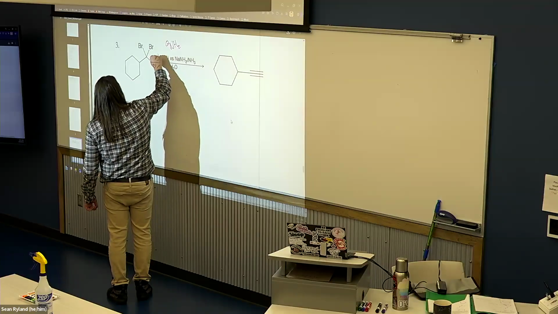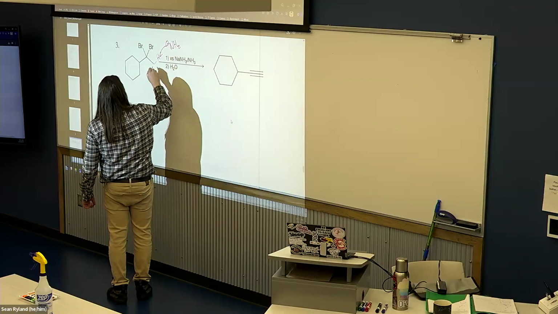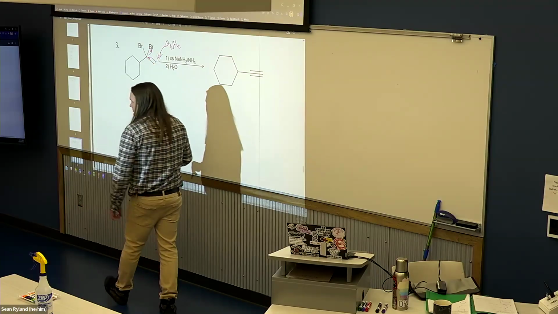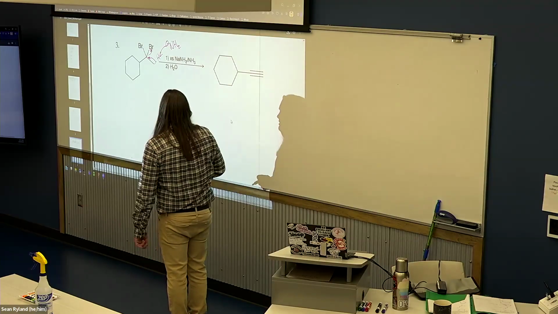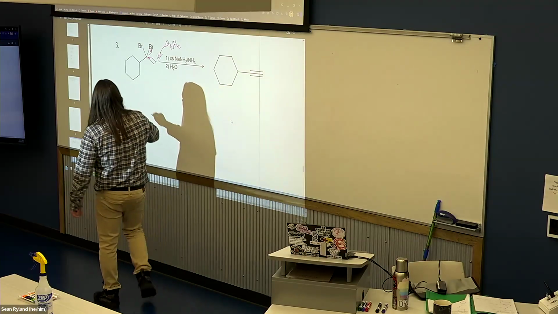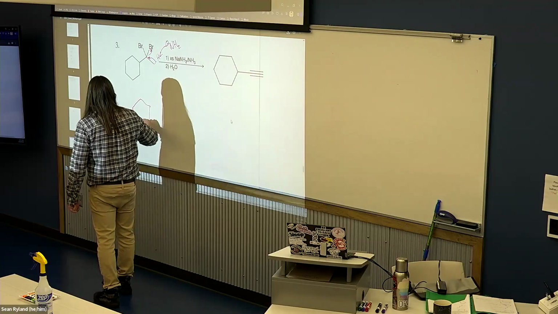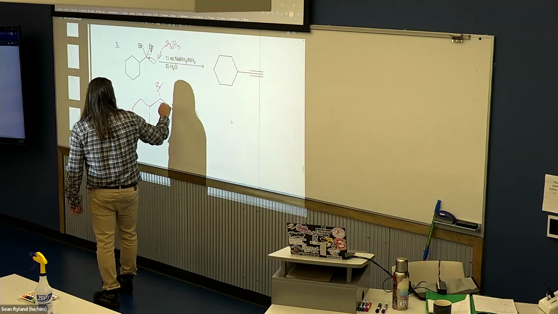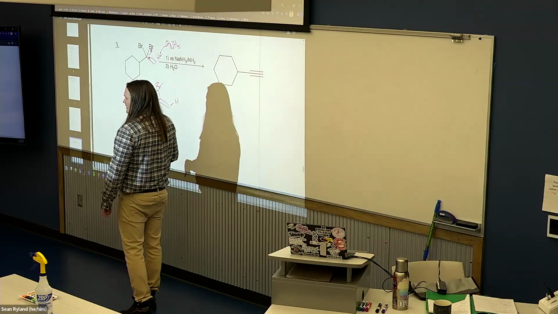This is going to grab a hydrogen. Bromine leaves. The carbon hydrogen bond turns into a bond. And then we're here, and we're going to do it again.